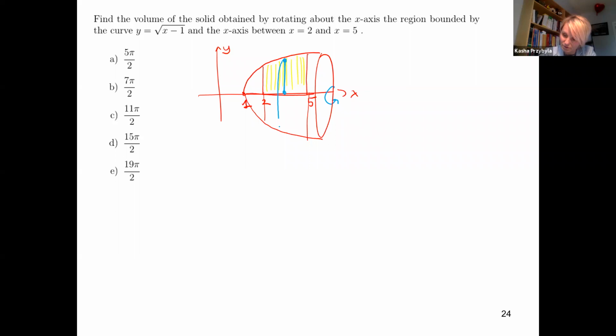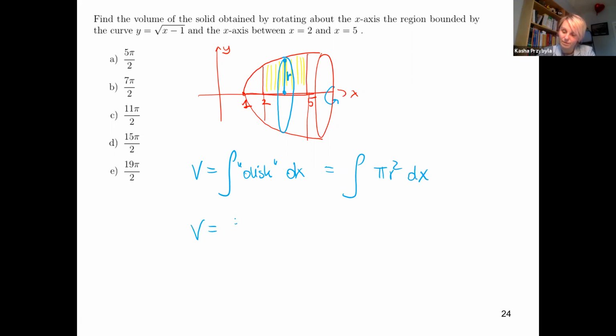I can maybe write a disc, and that's the radius. That means in order to get the volume, we will integrate the area of the disc. Rotation about the x, integration with respect to x. And this is just pi r squared. Okay, I can put pi outside.